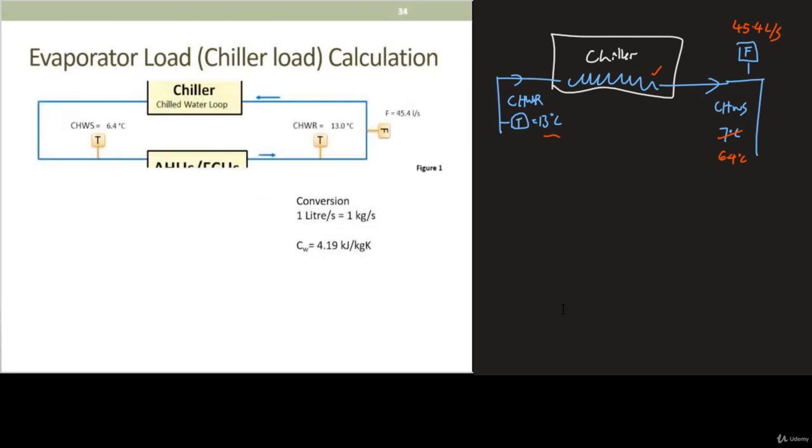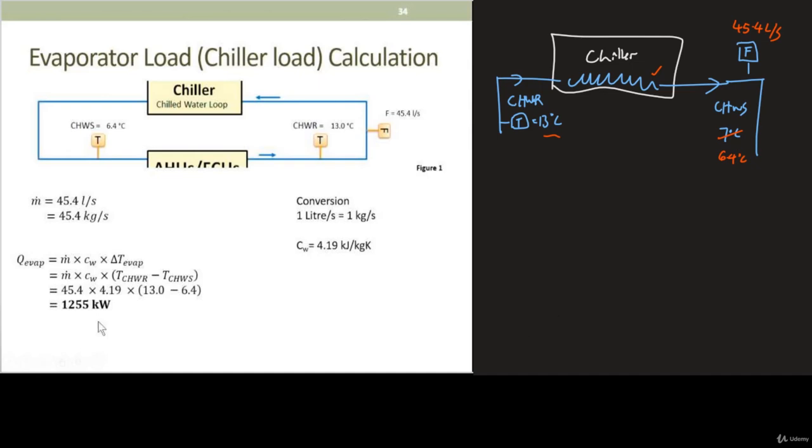So very simple. First, you write down the constants that you have, and 45.4 liters per second is effectively 45.4 kg per second. Using this equation, mc delta T, you multiply the mass flow rate with the specific heat capacity and delta T, fill up all the values, and you will get 1255 kilowatts.